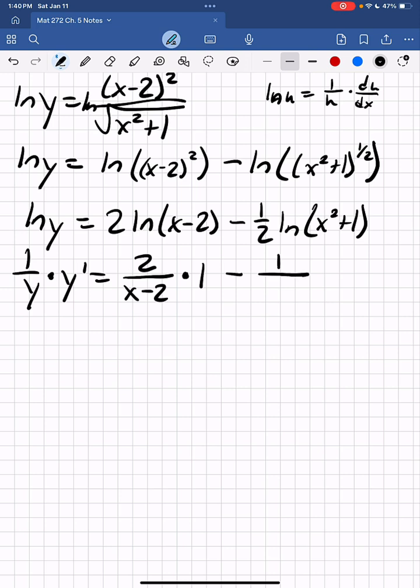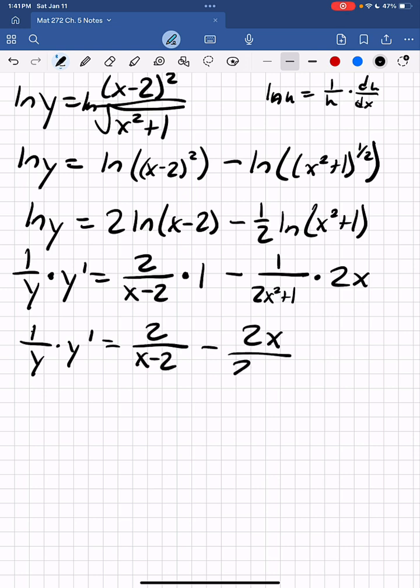Here I have 1/2 with 1 over 2, I have 1 over x squared plus 1 times the derivative of the inside, which is 2x. So let's say I have 1 over y times y prime, which is equal to 2 over x minus 2 minus 2x over 2 times x squared plus 1.